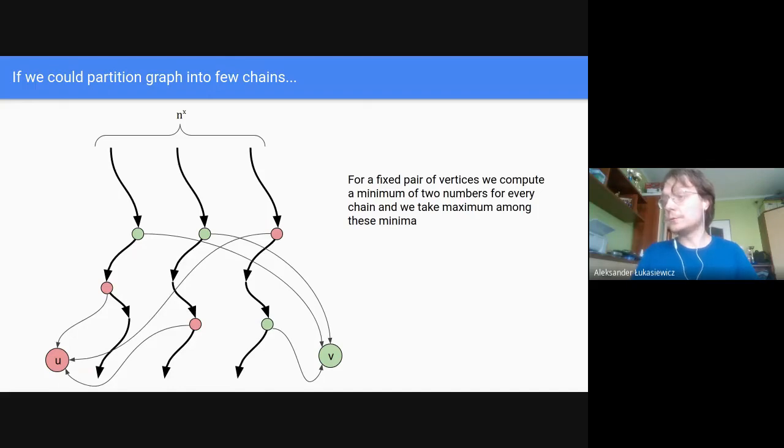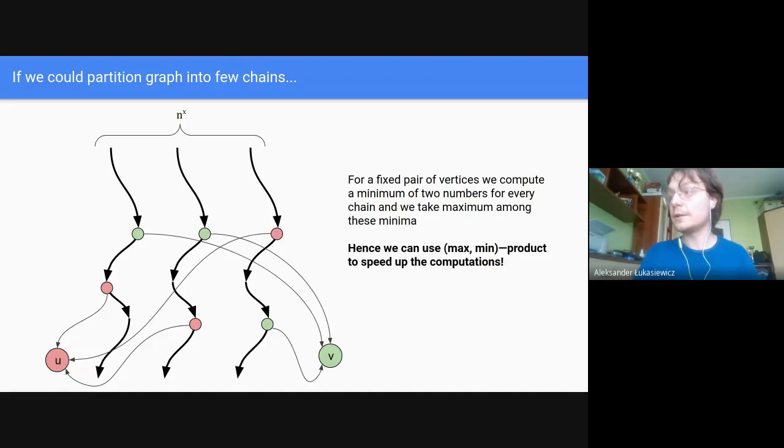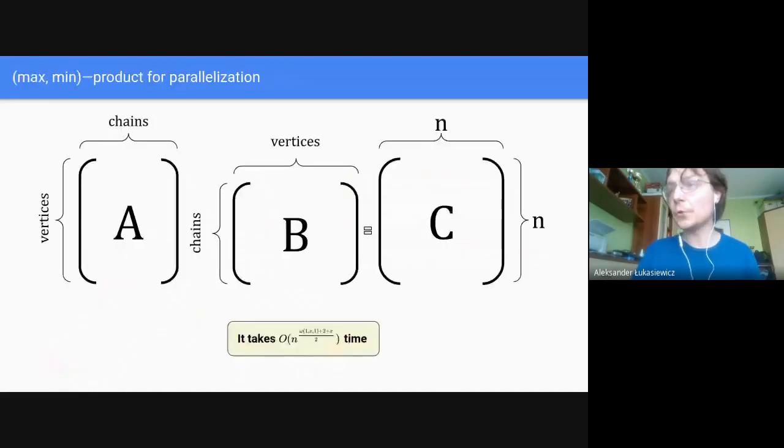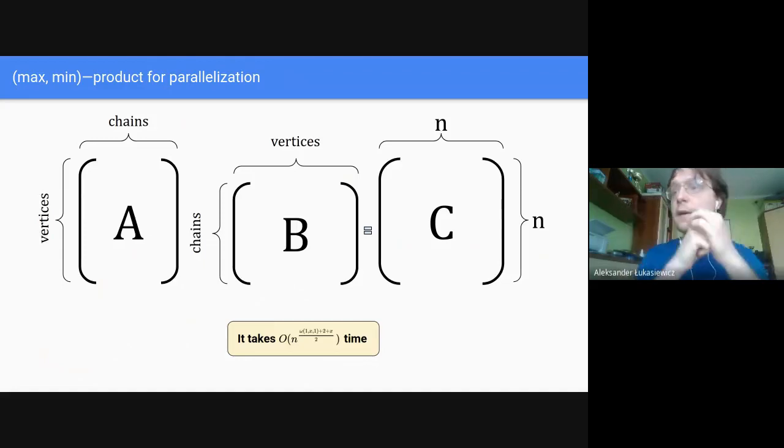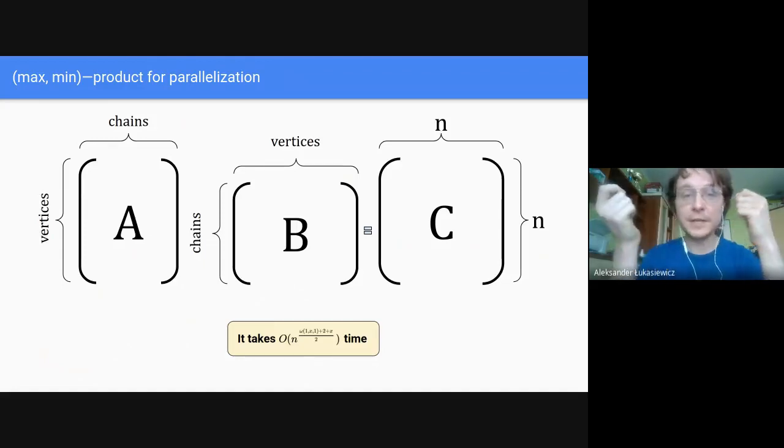This is probably not that surprising. We can use a max-min product to speed up our computation. We form a new matrix, where one dimension is vertices and the other is chains. For every vertex and every chain, we write the index of the last ancestor of the vertex inside this chain.